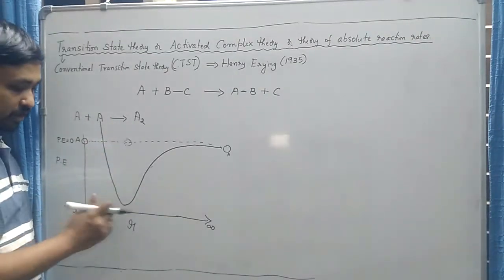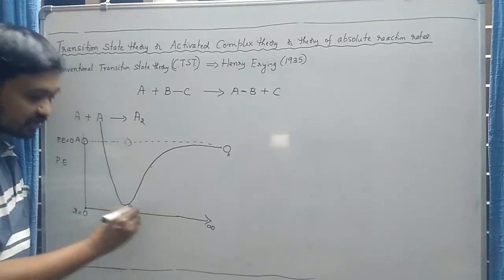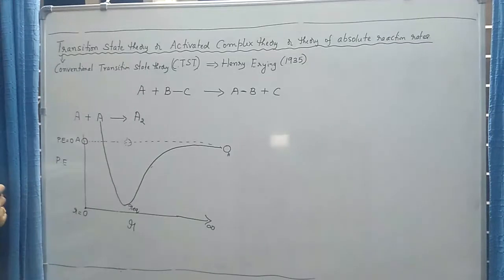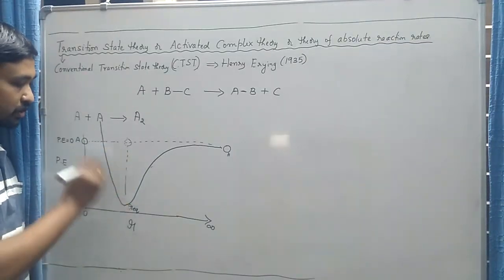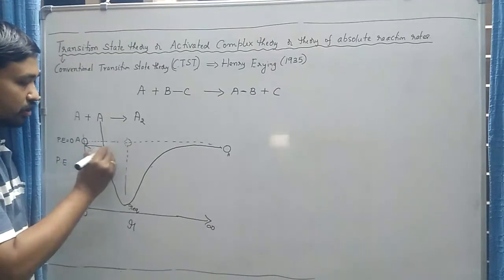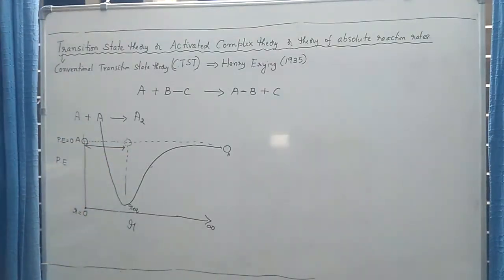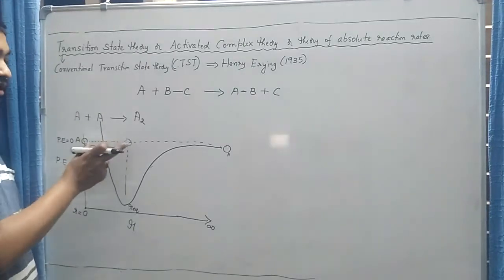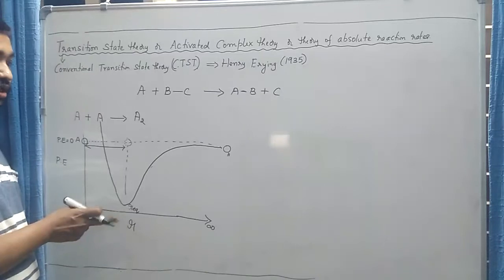So this point here, I will take it as Req, which is the equilibrium distance between the two atoms. This length between the two atoms is nothing but the bond length. So at this equilibrium length, the potential energy is minimum, and the molecule is in a highly stable state.